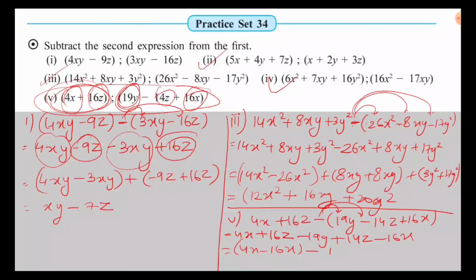Now minus 19y will be as it is because there is no like term of 19y over here, plus 16z plus 14z. Okay, all the like terms are written together. Now 4x minus 16x will be what? Minus 12x minus 19y. Okay, 16z plus 14z will be 30z.